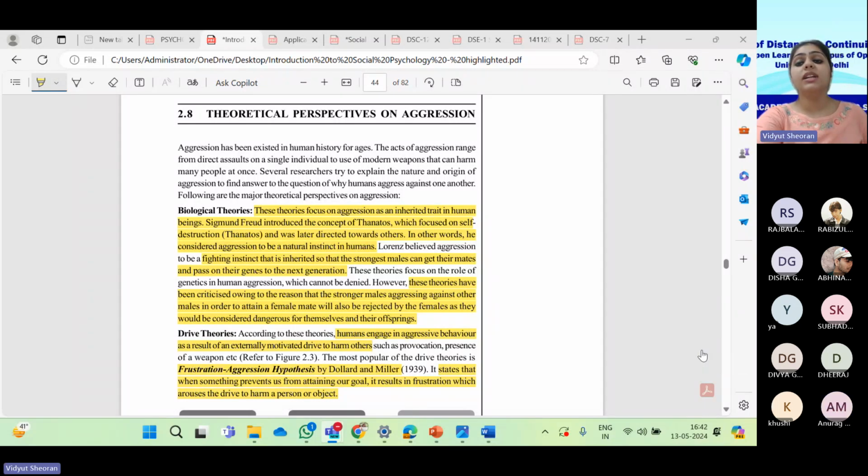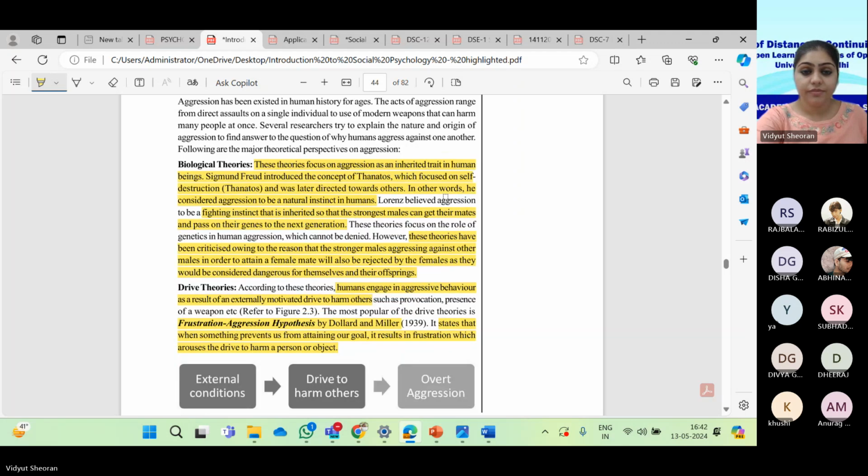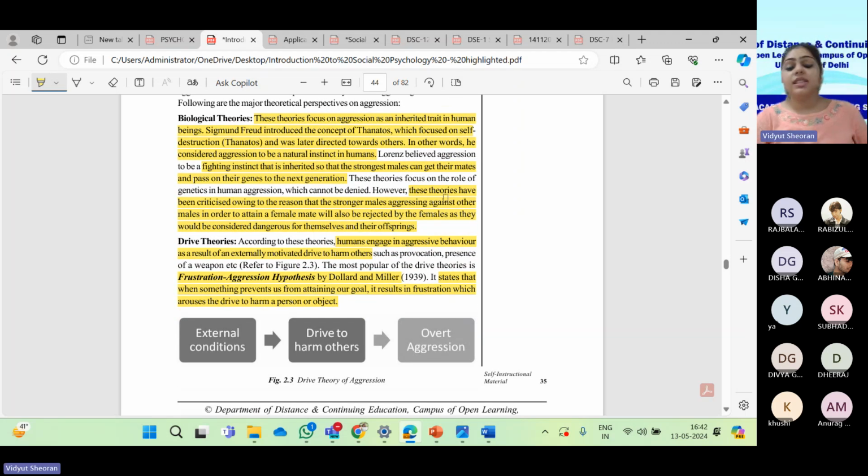So let us see how the diagram is explaining it. First is external conditions. कि environment में हमें ऐसा क्या मिल रहा है जिससे हमारा frustration है. जब frustration आ रहा है किसी environmental factor की वजह से, हम किसी को harm करने के लिए motivate हो रहे हैं.